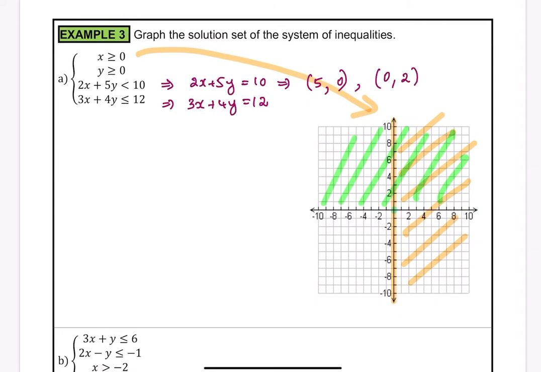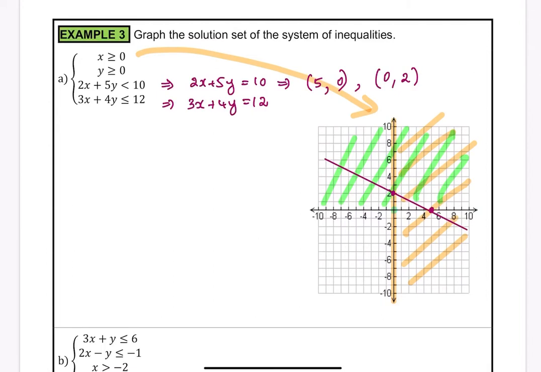So let me graph these 2 points. 5 comma 0 is right here, and 0 comma 2 is right there. So here is this line. This line is going to go like that, right? And that is this particular line right here.